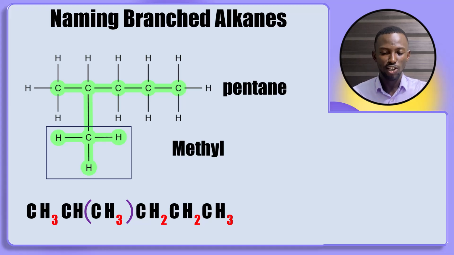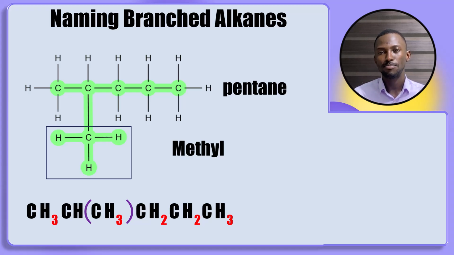After identifying the longest continuous chain and naming it, we have to look for the side chain and also name it. But it doesn't end there. The next thing you have to do is to find the number, or the position, of the branch on the longest continuous chain. What does that mean?